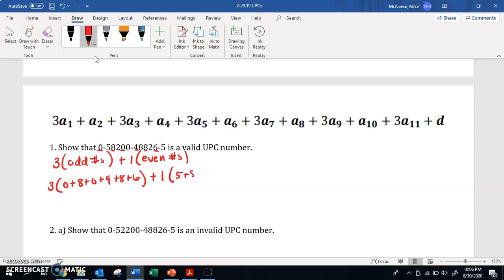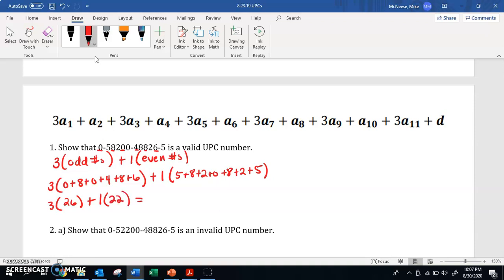So 5 plus 8 plus 2 plus 0 plus 8 plus 2 plus 5. If I add all this up, I should get 3 times 26, and then plus 1 times 22 on the inside of this one.